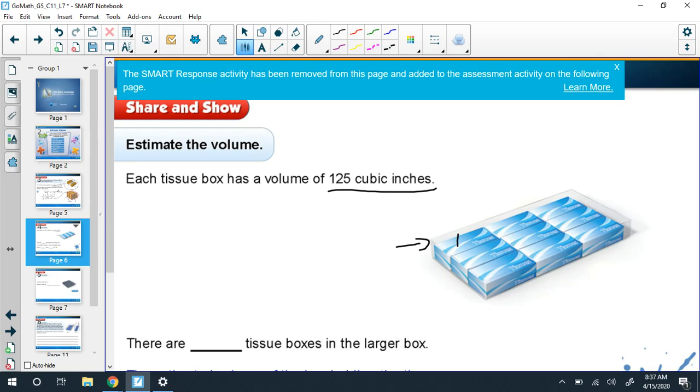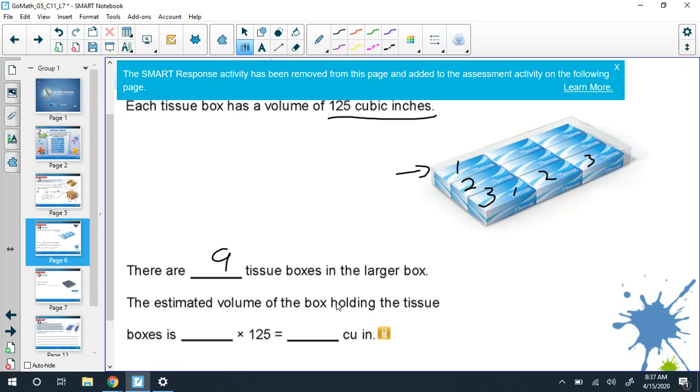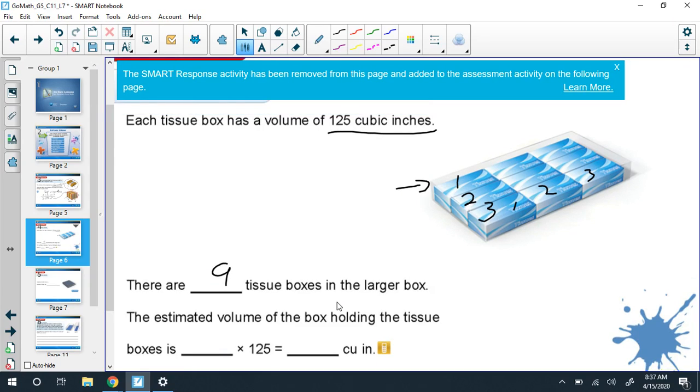And it's just one row, and we have 1, 2, 3 by 1, 2, 3, right? So this one row is 3 by 3, so there are 9 tissue boxes in our larger box. So what we need to do to find our total volume is multiply 9, because that's how many tissue boxes fit in there, times 125, because that's the volume of each of these boxes.